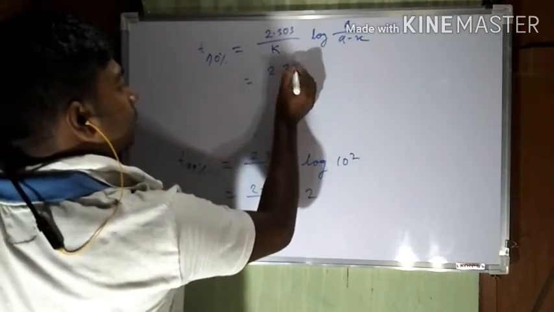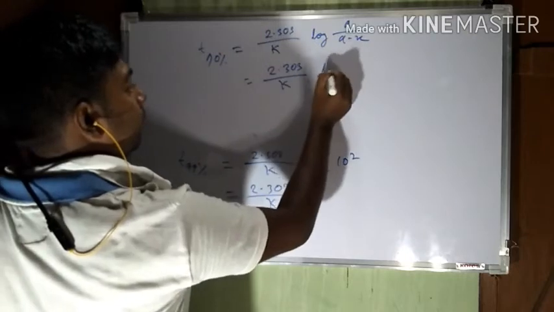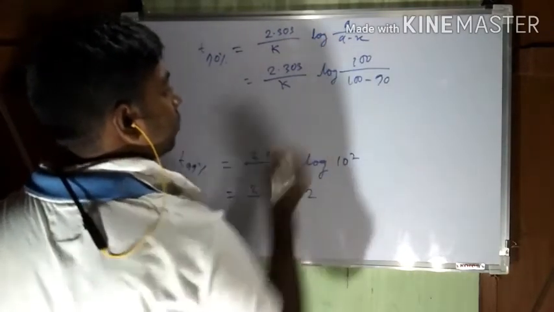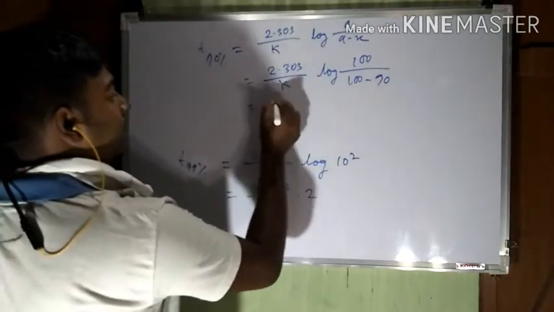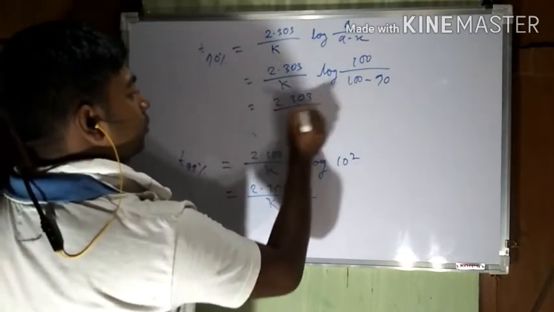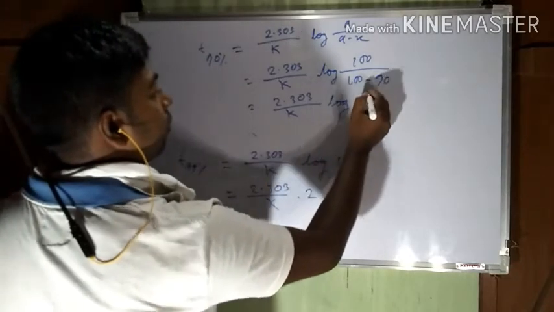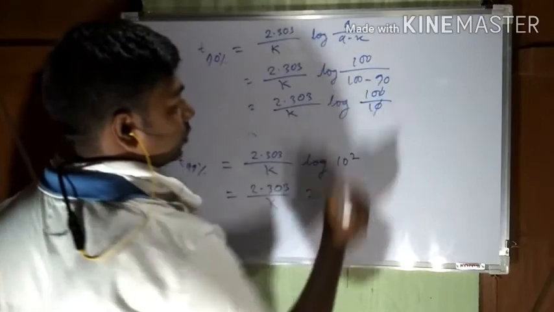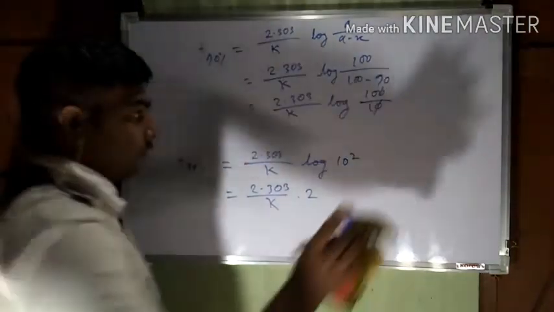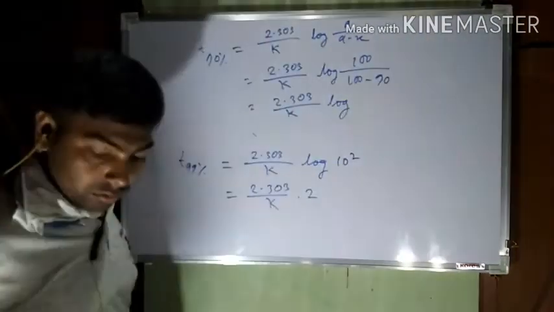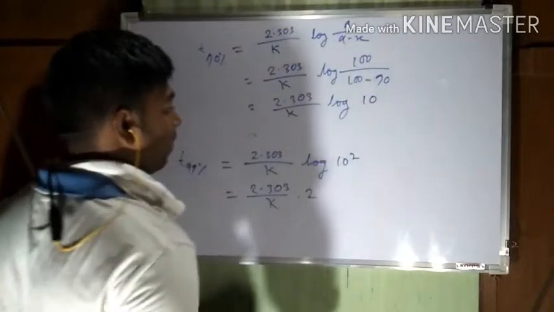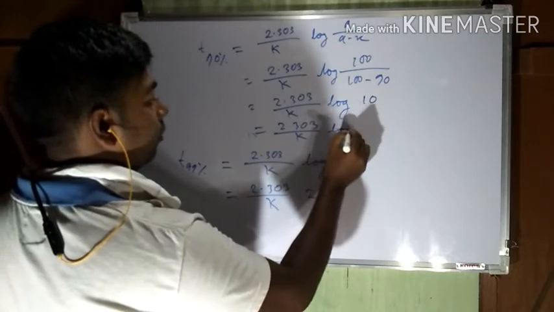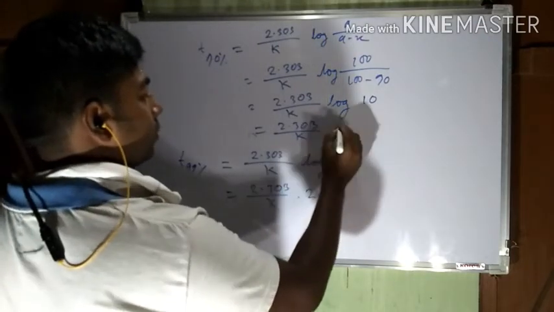This becomes 2.303 divided by K log of 100 divided by 100 minus 90, that is 10. Log of 10 means 1.